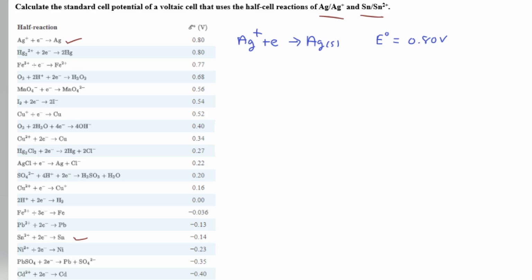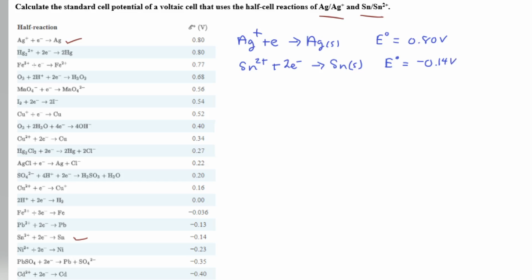And then we also have the tin. We have tin 2 plus, I'm just going to write it as is, plus 2 electrons goes to tin solid. And it has its own cell potential of negative 0.14.